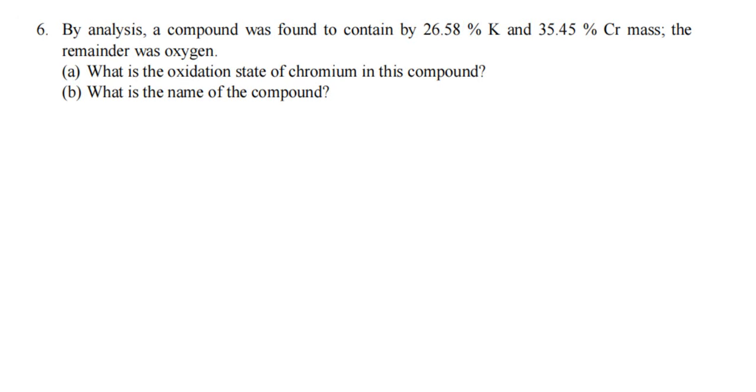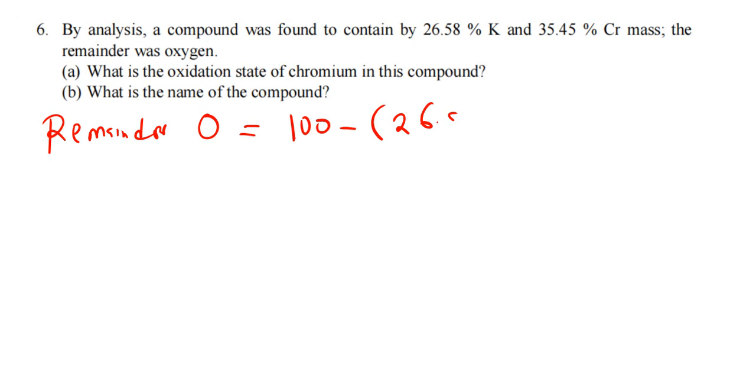So in this case, the remainder in terms of percentage, which is for oxygen, is going to be 100% minus the 2 that we have, 26.58 plus 35.45. Okay, so I'm just going to do it. 100 minus 26.58 plus 35.45.